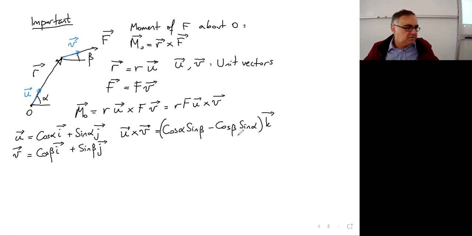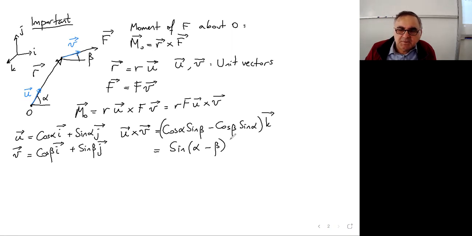K is the vector coming out of this page. So this is i, this is j, this is k. Well, using trigonometric identities, this is sine alpha minus beta.